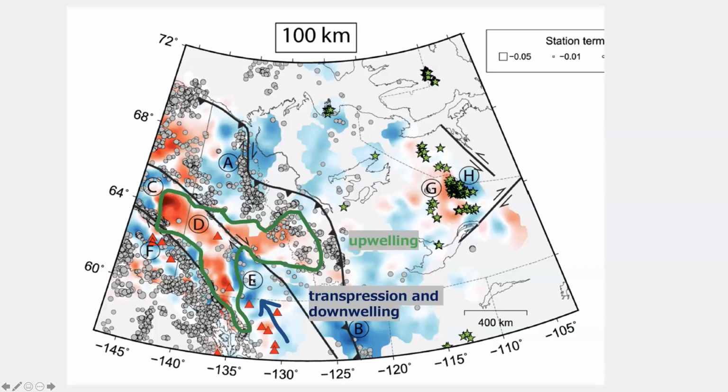So E is a narrow anomaly that seems to go to at least 200 kilometers depth, and it seems to have sheared off of velocity anomaly B down here. So we think that this was originally thick lithosphere here, as well as thick lithosphere here that's been sheared to the northwest.